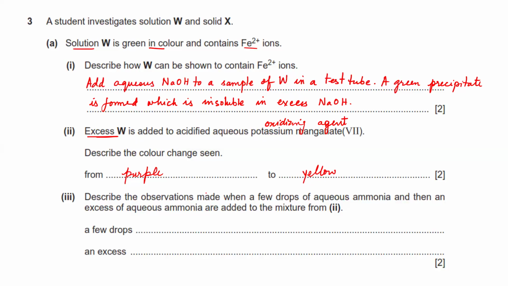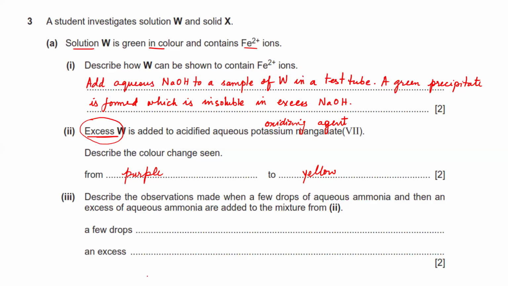Do not write colorless here because the excess is W. If potassium permanganate would have been in excess, then it would have changed from purple to colorless, which indicates that all the oxidizing agent has been used. But in case W is in excess, the dominant color seen will be the color of the final solution, and that is determined by the solution that is in excess, and that is W.